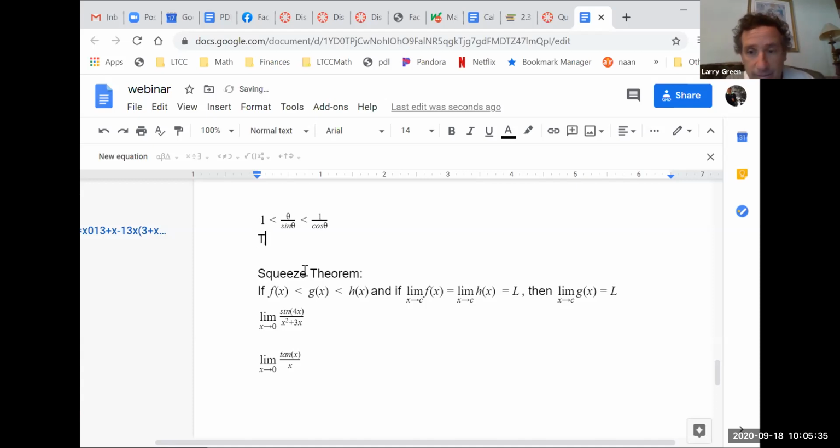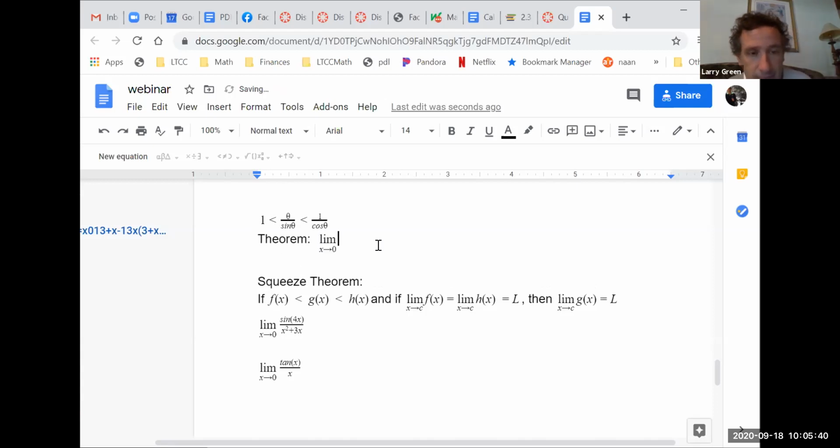I'm going to write this as a theorem. And the theorem is the limit as x goes to 0. I'll just call it x so it's easier to type.